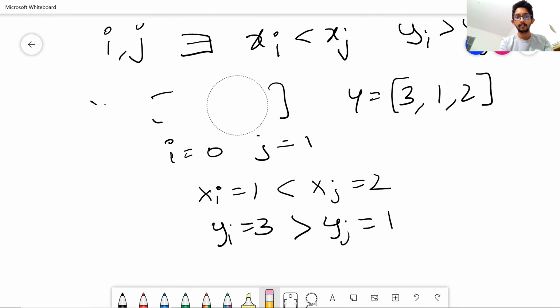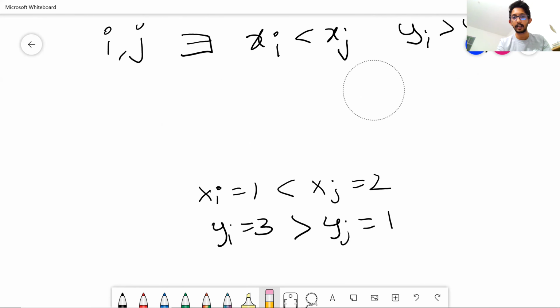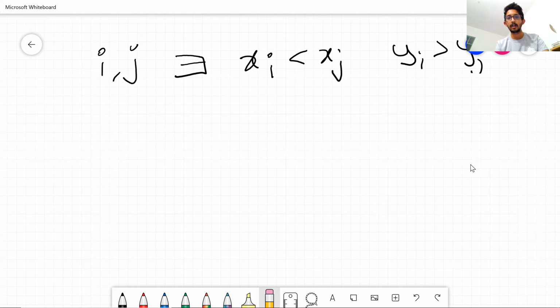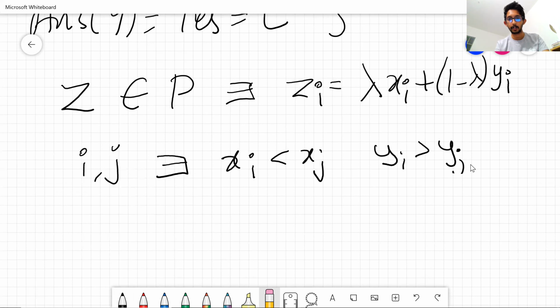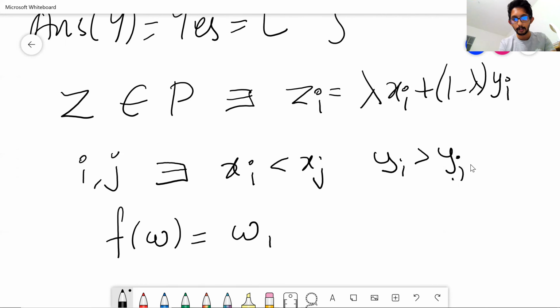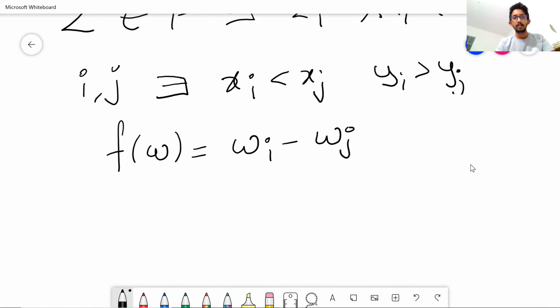So it is possible that there exists a pair x and y such that xi is less than xj, but yi is greater than yj. This is going to be a very important fact for our proof. So now let's define a function f(w) such that it is wi minus wj. Now, what is going to be f(x)? f(x) is nothing but xi minus xj.